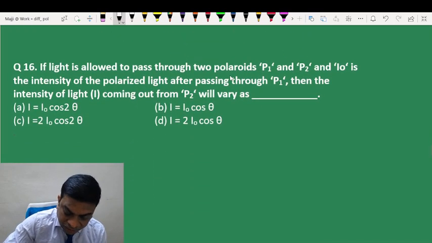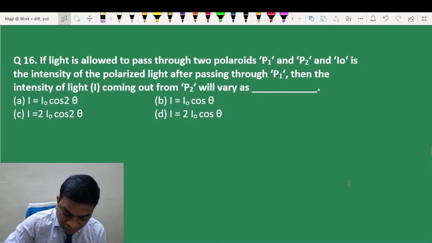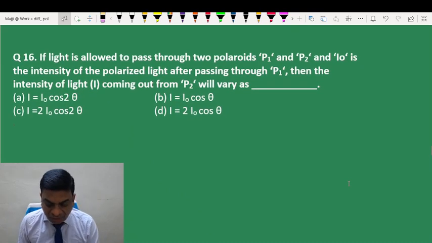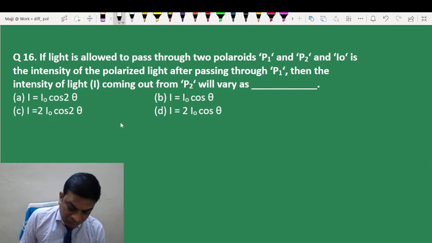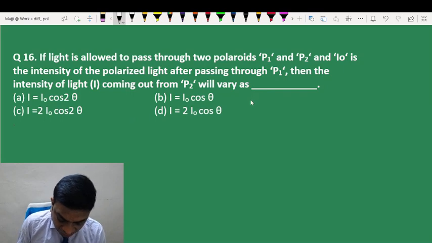If light is allowed to pass through two polaroids P1 and P2, and I naught is the intensity of the polarized light after passing through P1, then the intensity I coming out from P2 will be? This is straight away a question from the law of Malus.